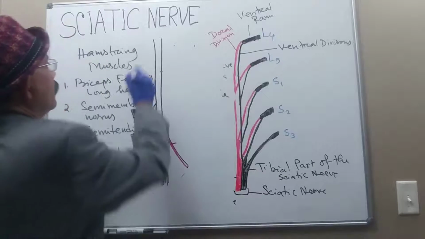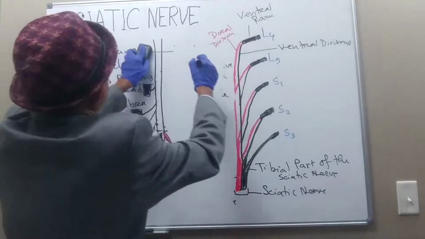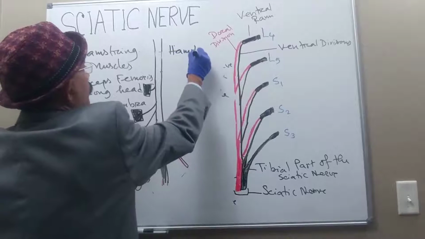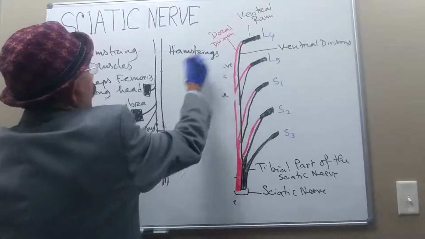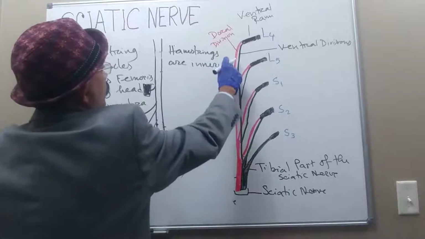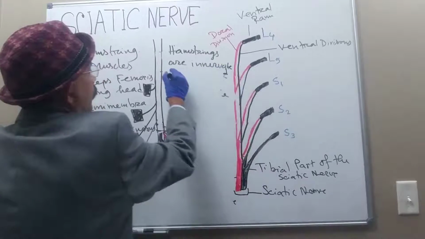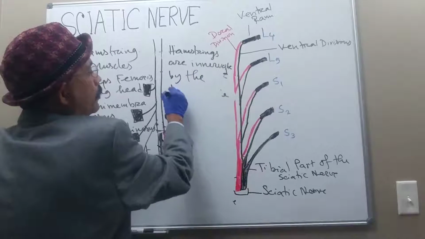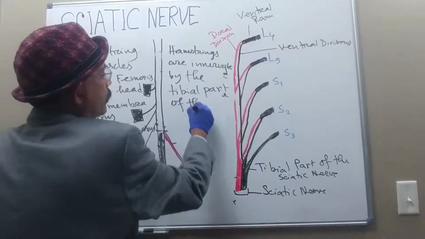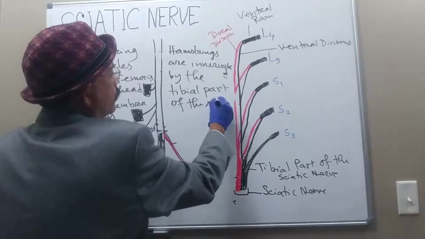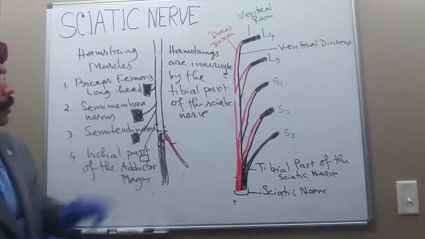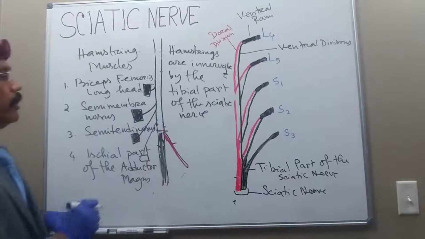All the hamstring muscles are innervated by the tibial part of sciatic nerve. Okay. How about the common fibular part of sciatic nerve?